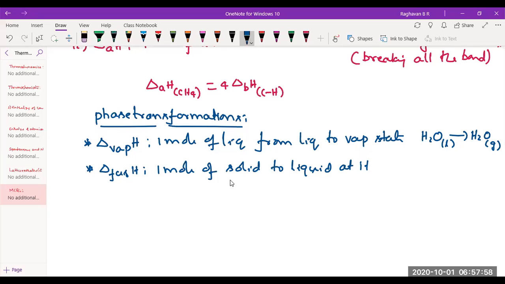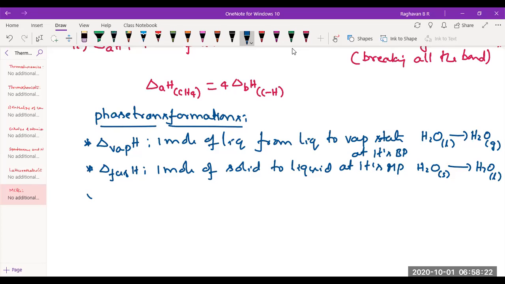And vaporization is from liquid to vapor at its boiling point. H2O ice, for example, converting to liquid. So this exactly represents 1 mole of solid to liquid, like enthalpy of fusion.